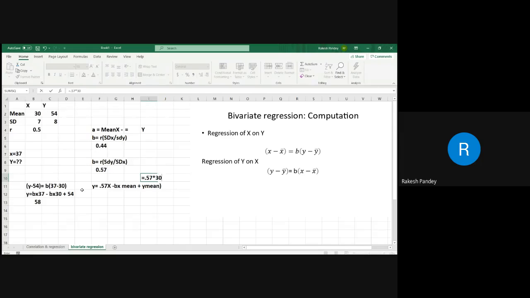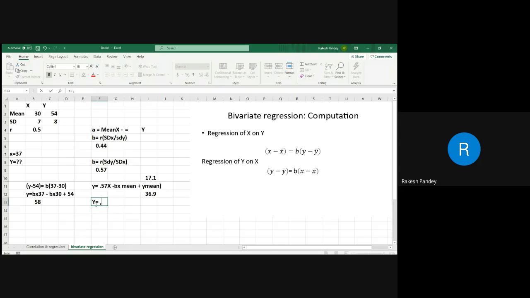This is one value, and the other value is y bar, which is 54. So we compute 54 minus 17.1. This is 36.9.